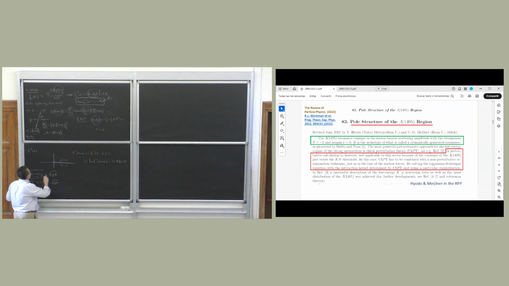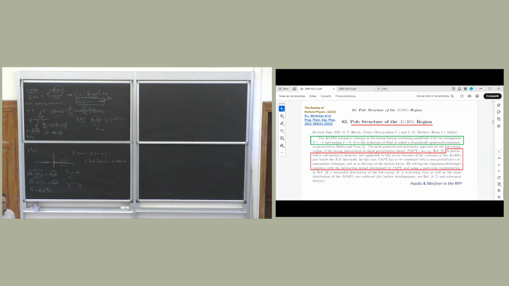On top of that, you may have also something that is called left-hand cut. And the left-hand cut has to do with the dynamics. I cannot enter into details, but this thing has to do with the dynamics. And the left-hand cut is contained in the potential, right? For instance, suppose that you have nucleon, well, pion exchange.